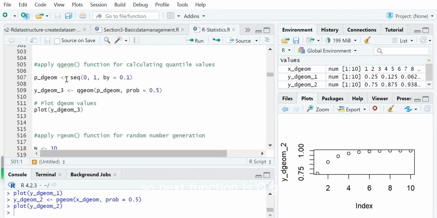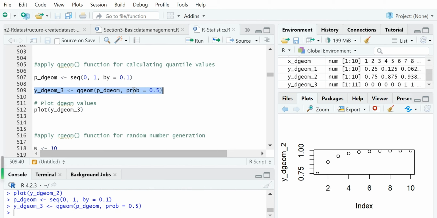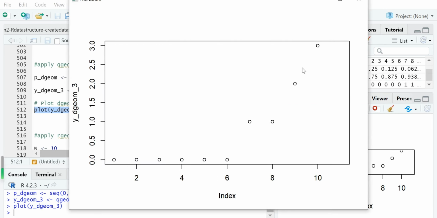The next function is qgeom. It is actually the opposite function of pgeom. Here we create a vector representing cumulative probabilities between 0 and 1. Then we pass this vector of probabilities with the same geometric distribution, and calculate the random variable. Next we plot. Now this is actually the opposite. For example, 6 here is for the probability 0.6, with the horizontal axis representing the probability.